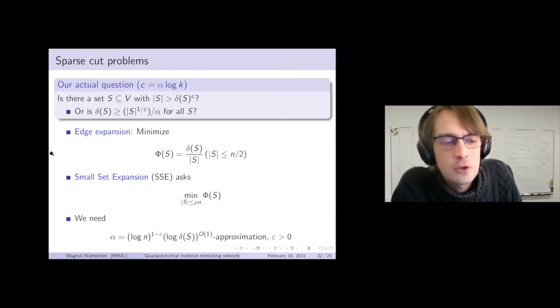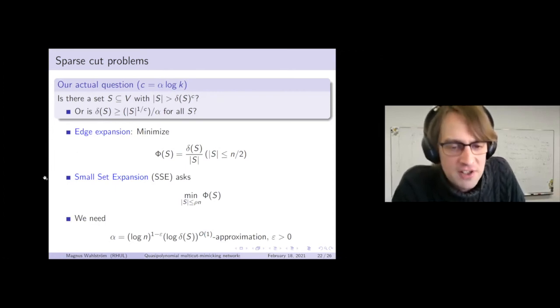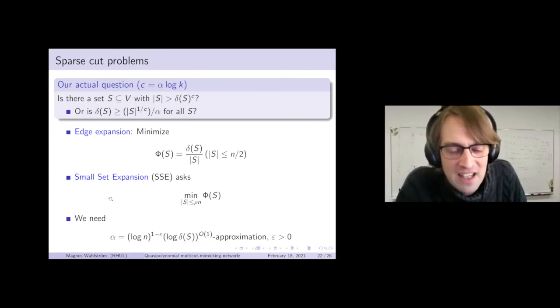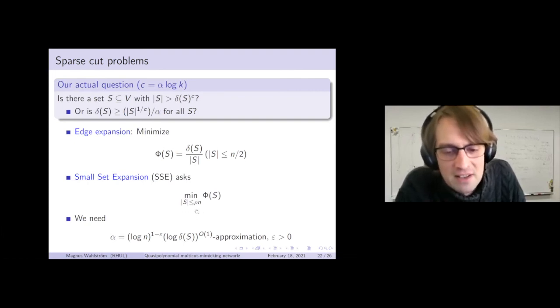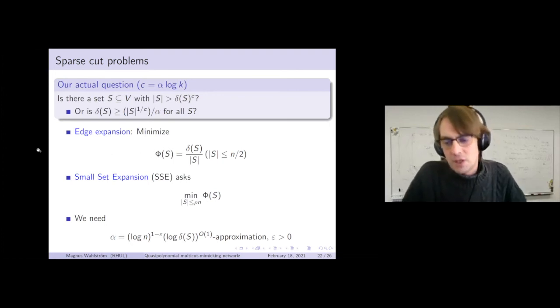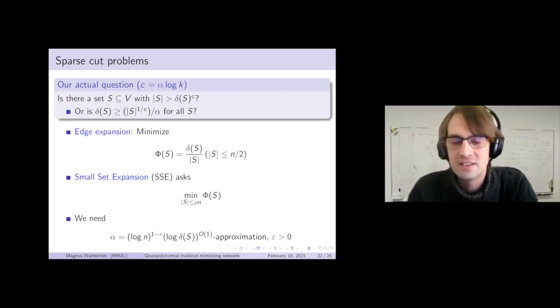The technical question which fits closest is called small set expansion. The edge expansion of a set is the number of edges around it divided by cardinality. The problem small set expansion finds a vertex set of size at most some rho times n to minimize the edge expansion value.